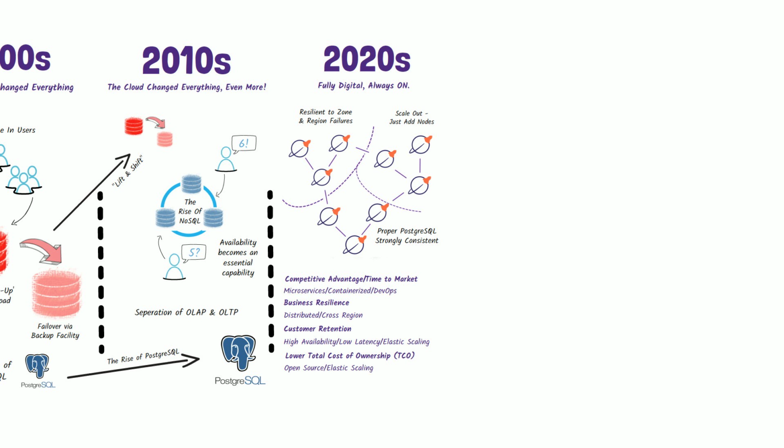And then, of course, cost of ownership. Yugabyte is an open source database that achieves a lower cost of operation, lower TCO. And also elastic scaling makes sure that you do not have to deploy more resources than you need at any one time.